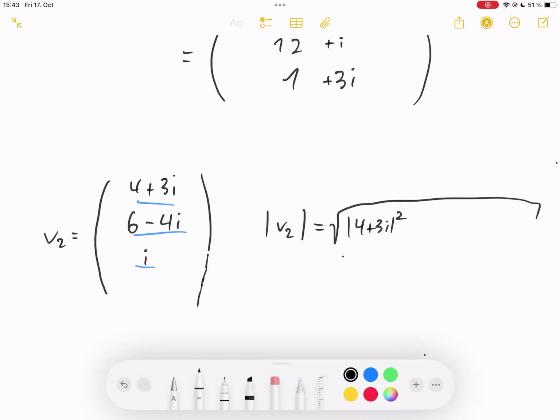So this is the modulus of the first complex number, and modulus squared, because the length of that, if you see this complex number as a vector, squared, then plus 6 minus 4i modulus squared plus the modulus of i squared. So this is an intermediary step, and you can think about what's the length of this, or the norm of this vector now.